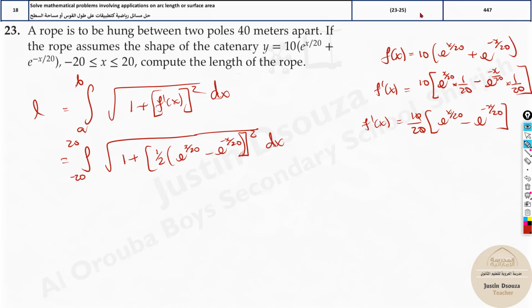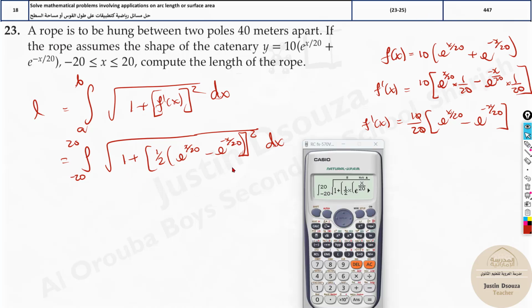I've typed the entire equation in the calculator: integral minus 20 to 20, and over here it's 1, open the bracket, half times, I've written this equation, and close the bracket 2 times before squaring it, because 1 is this bracket and then the outer one for the square. And then the dx will already be there, and that's it.